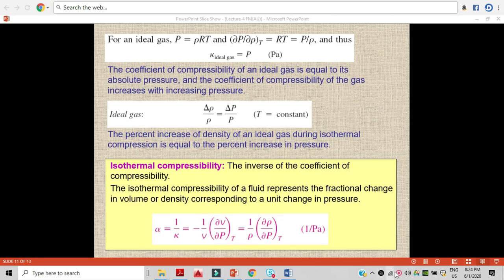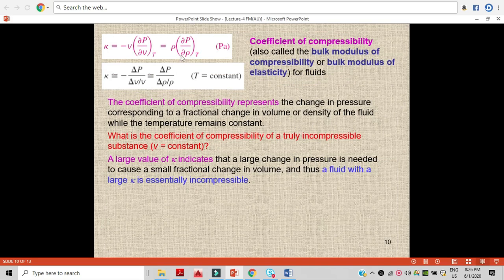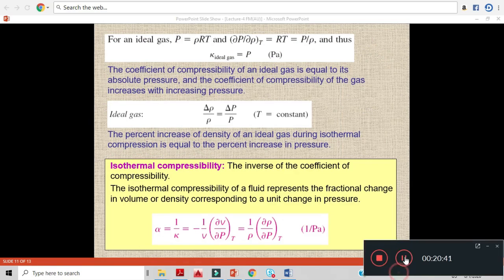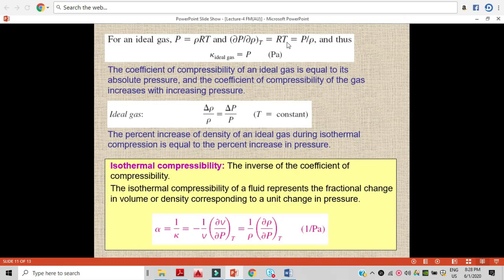So compare these two equations: one is delta P over delta rho at constant temperature equals RT, and the other is K divided by rho, delta P over delta rho at T. If you compare these two terms, now replace this RT, because RT is equal to del P over del rho at constant temperature.